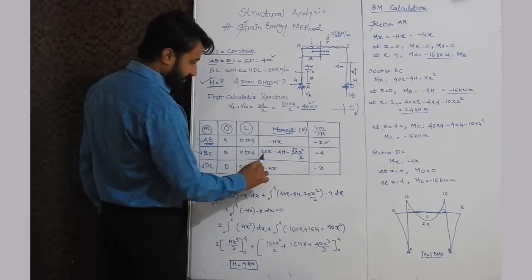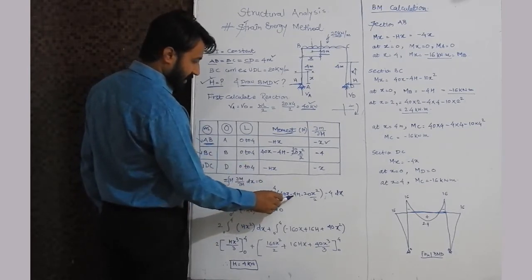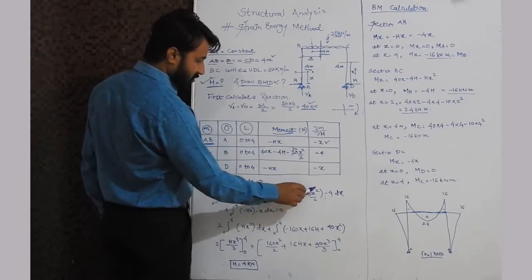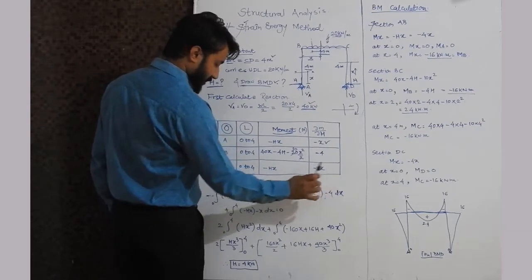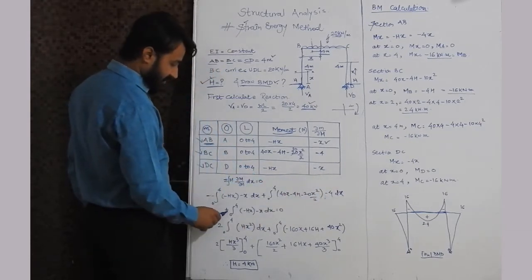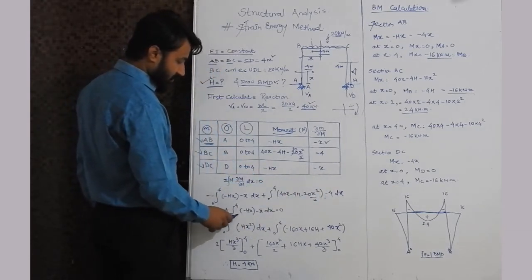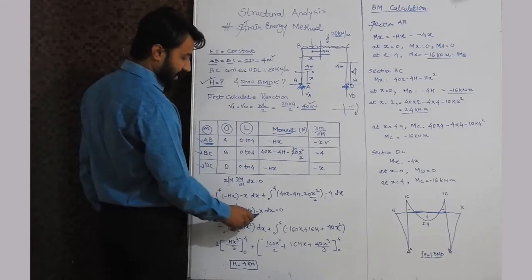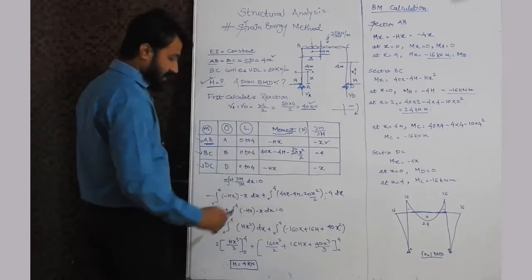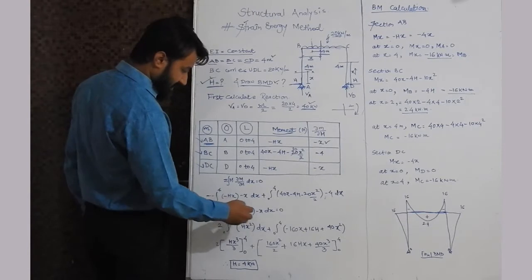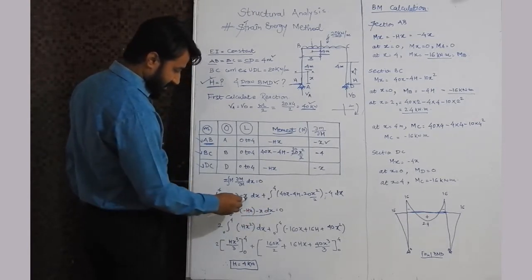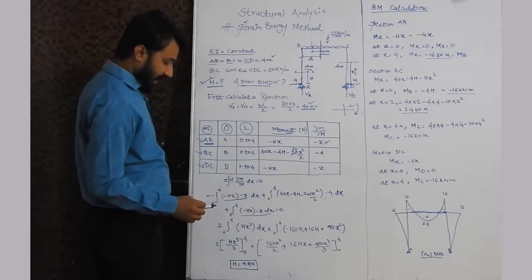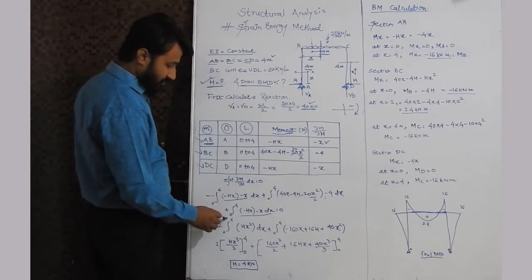The BC member having moment 40x minus 4h minus 20x square by 2, into minus 4 into dx, plus DC member having the moment, integration 0 to 4, moment is minus hx into minus x dx is equals to 0. Now from the equation we can see that minus hx into minus x is 2 times, so 2 times 0 to 4.